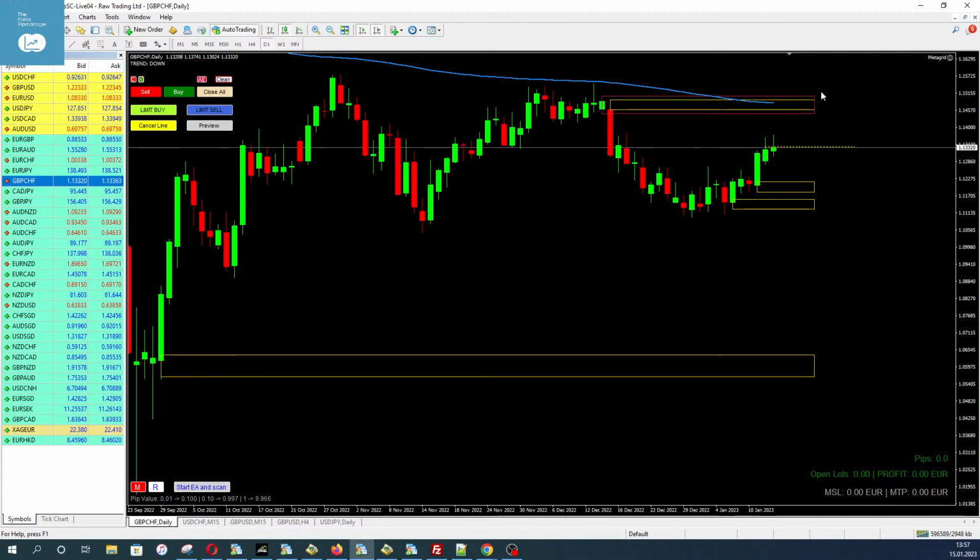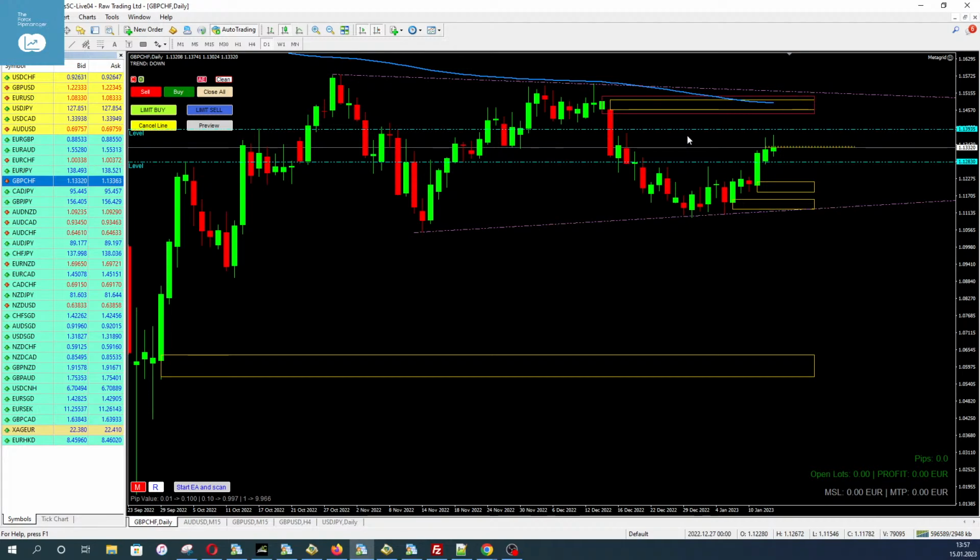We have a double supply zone here. Firstly, this red box is a daily supply zone, and in this red box we have a yellow box which is an H4 supply zone. And we have a third thing which is good: the dynamic moving average from MetaGrid, which is also in this area of these two supply zones.